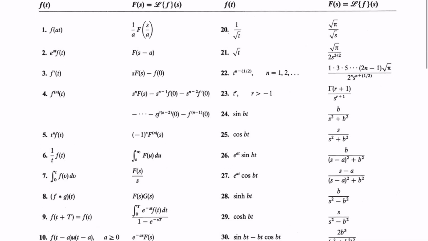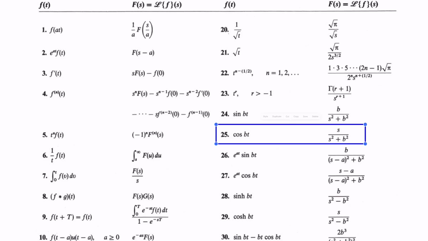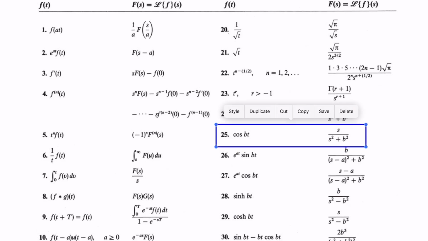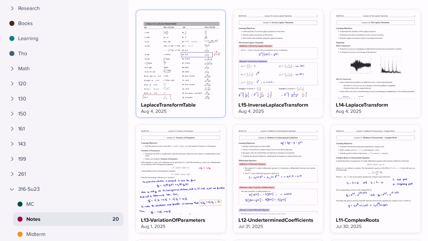When you look at this formula right here, the function you get is s over s squared plus b squared, and in this case, b is equal to 2. Therefore, the inverse Laplace transform of this function is cosine of 2t. Okay, let me go back to the notes here.